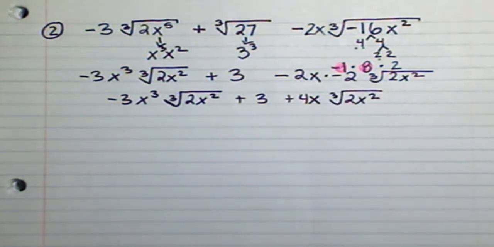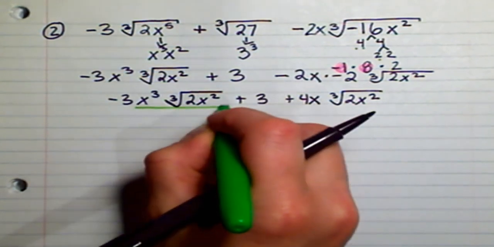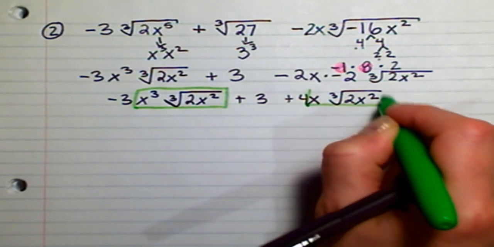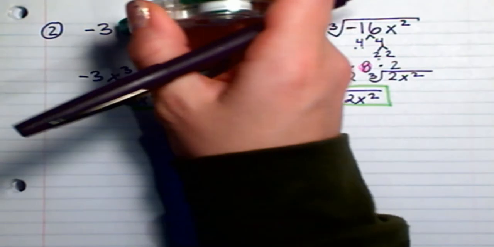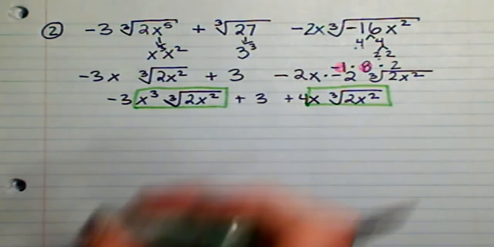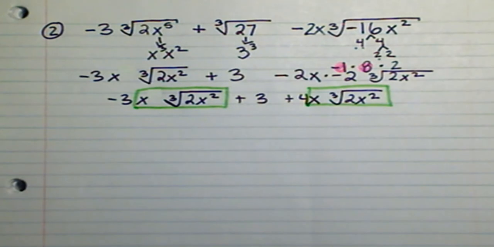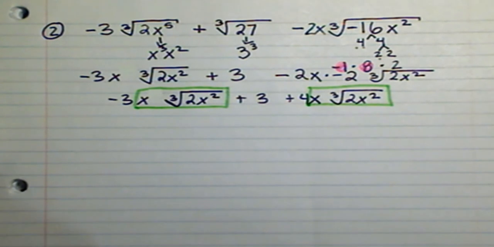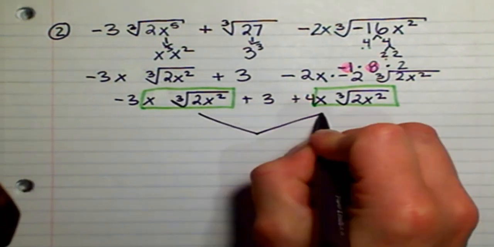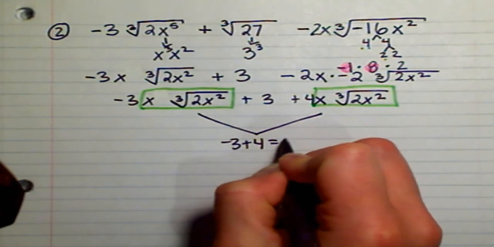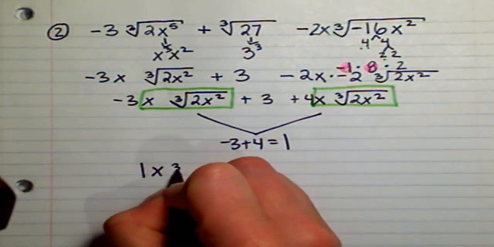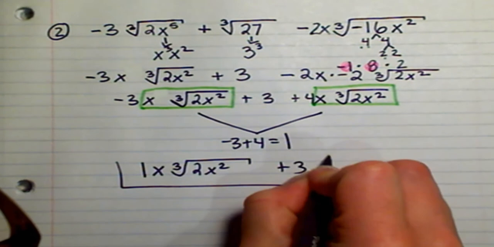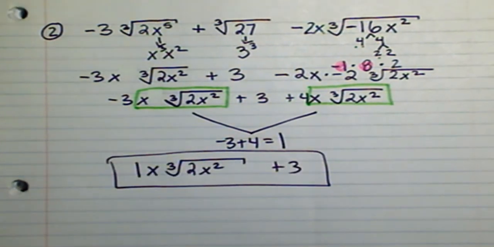And so my like terms... Oh, and I just did it. I was silly. That's not an x cubed, it should just be an x. Look at that, it's exactly the same. That's the common factor, that's the part we're going to add. 1x cube root, and the plus 3 is going to stay. Whew, okay.